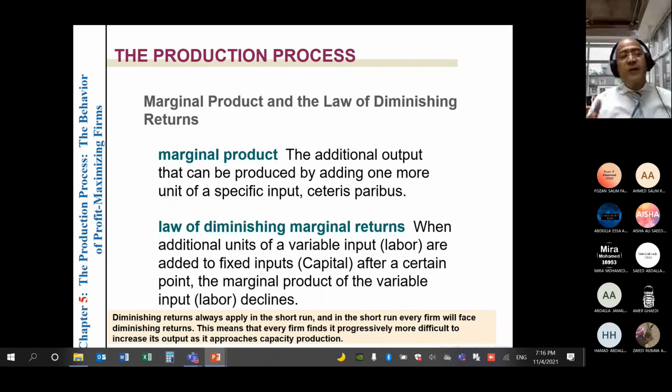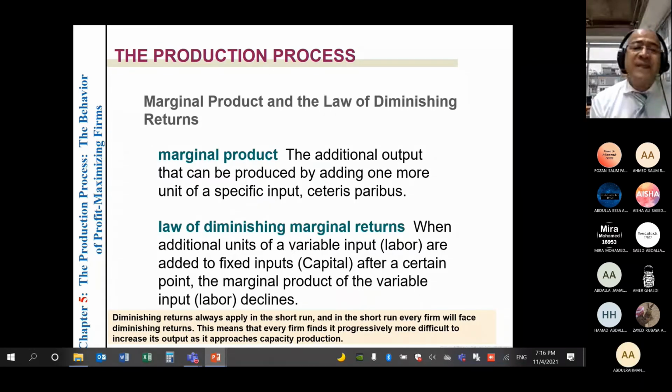So see here, if we add more units of labor to fixed capital after a certain point, which is the inflection point on the total product curve, the marginal product of labor will decrease. So this is the law of diminishing marginal returns, and it is acceptable because it is not possible to get benefit from more specialization. We ended the specialization.